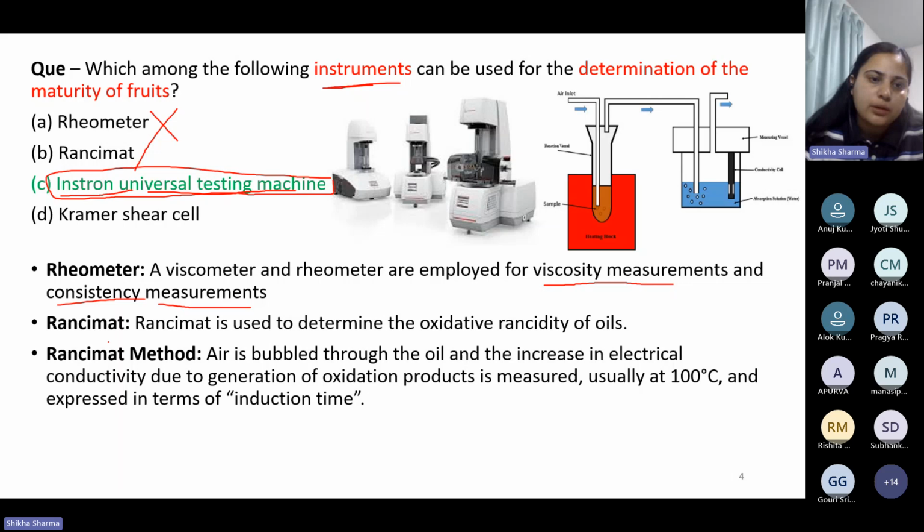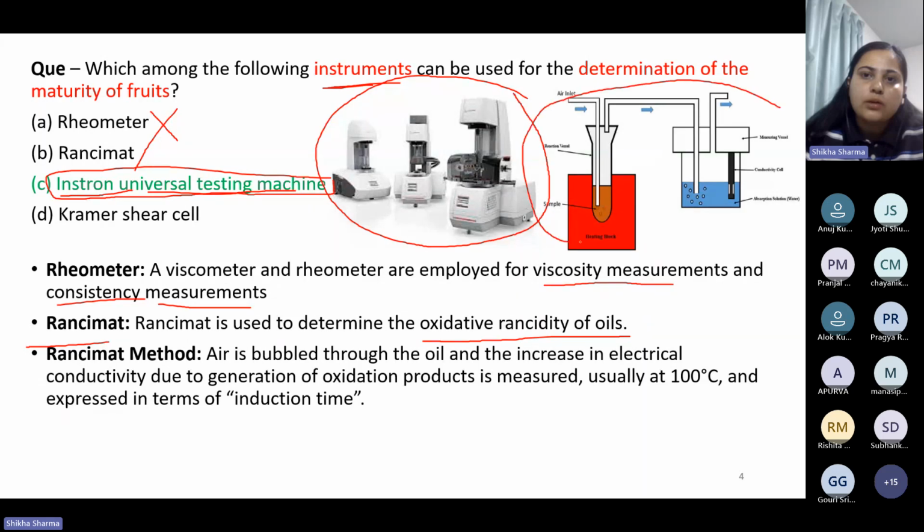Then second is the Rancimat. Rancimat basically measures oxidative rancidity of oils. These are the different rheometers we usually see, and power rheometers. And this is the setup of the Rancimat.